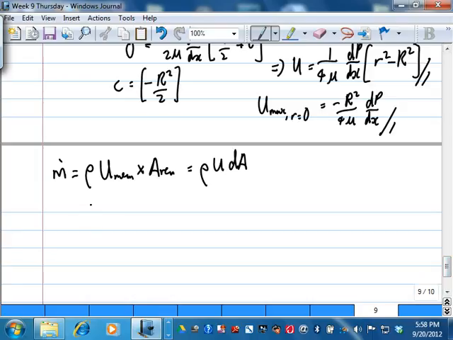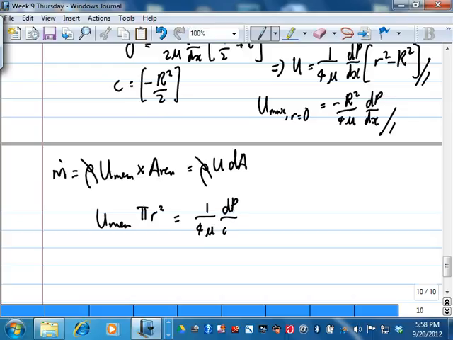I think this rho can cancel out. U mean times area, which is pi r squared, equals the integral of u, where u is 1 over 4 mu dp over dx times big R squared minus r squared.